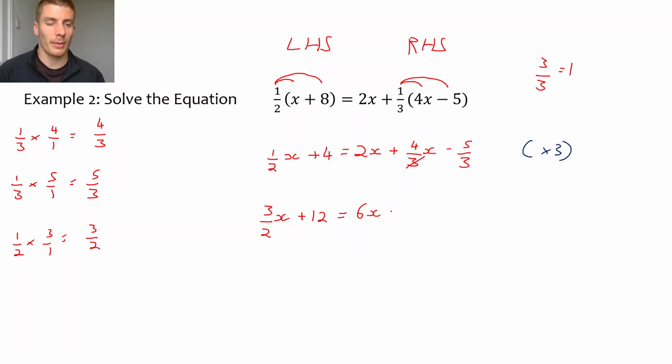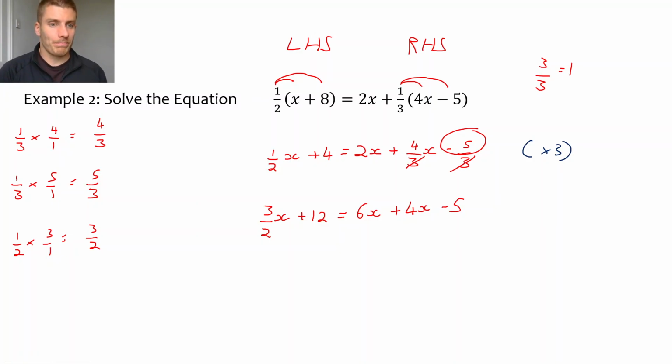So you've got the plus 4x up here. And similarly over here, you've got minus 5/3 timesing it by 3. Well, dividing by 3 and timesing by 3, they cancel out, they give you 1. So that's why they're going to disappear, and you're left over with a negative 5. So you've got minus 5 over here.